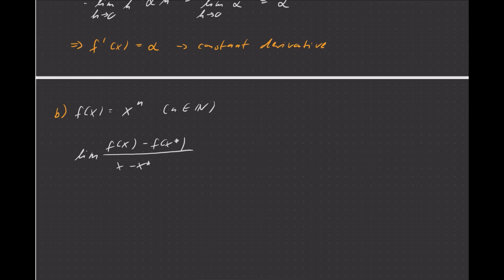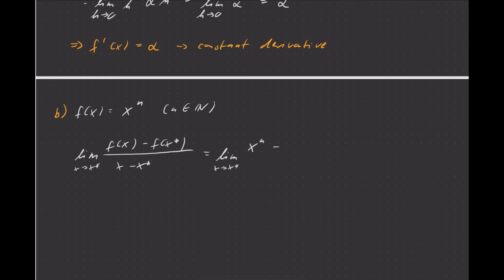So again, we'll take the limit here of the difference quotient as x tends to x star. And of course, we can just substitute the function here. So what we get is the limit as x tends to x star. We'll not use any tricks right now. So f of x is just x to the n.